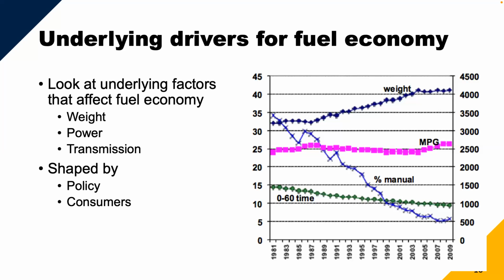So the lower this is, the higher the acceleration. And then, oh, okay, actually, I guess I misspoke. This is percentage of cars that are manual. So there are improvements in the transmission, but overall, automatics are more efficient than manual. So if you have more automatic transmission vehicles, then you're also improving fuel efficiency. Yeah, so that's what this is showing as well.